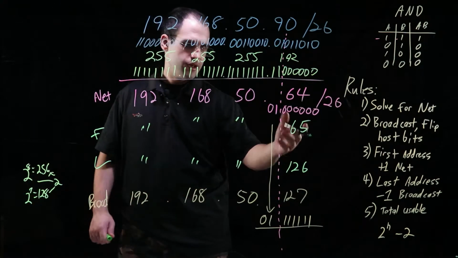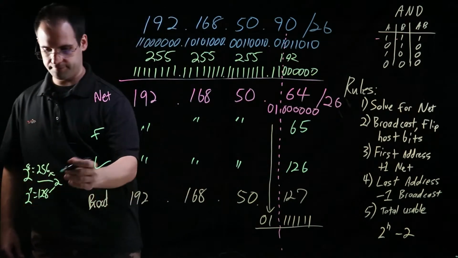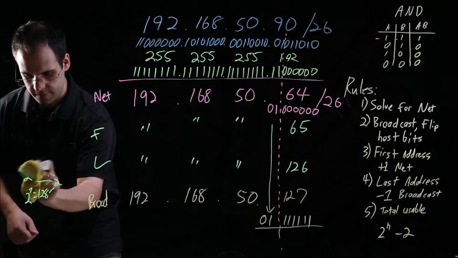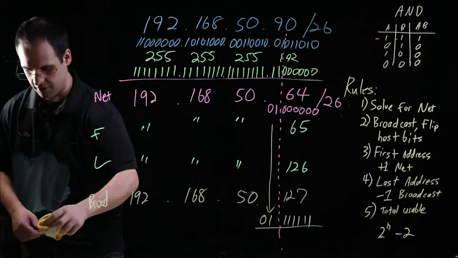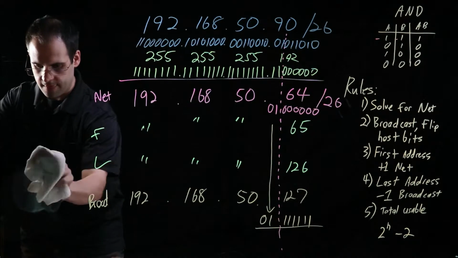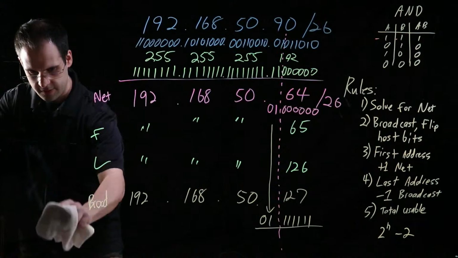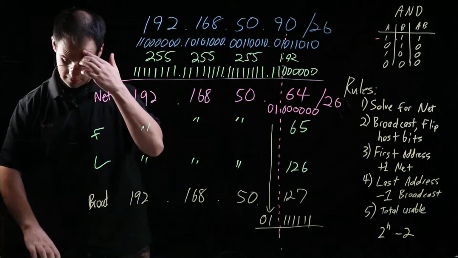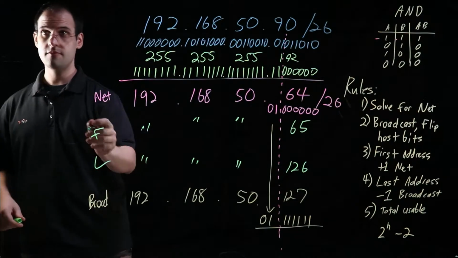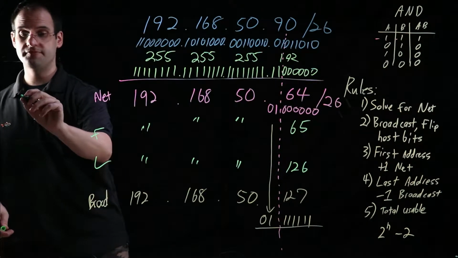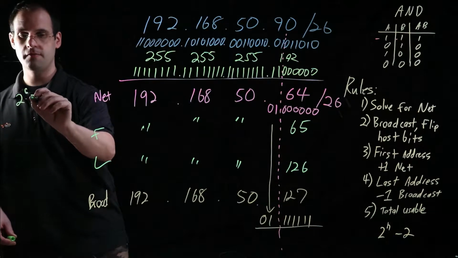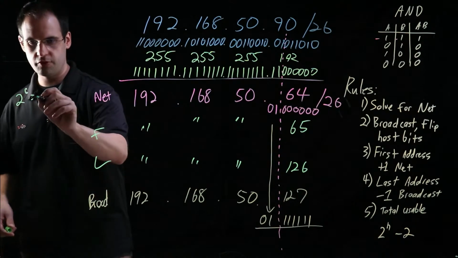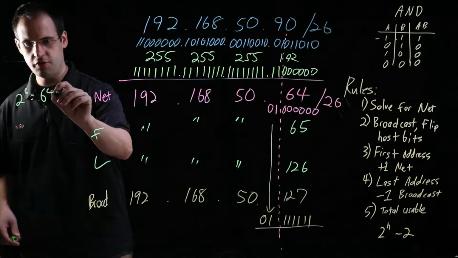So once again, I had 6 host bits. All right, so again, 2 raised to the 6th is 64.